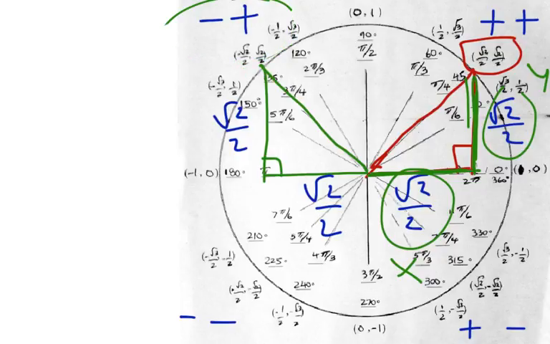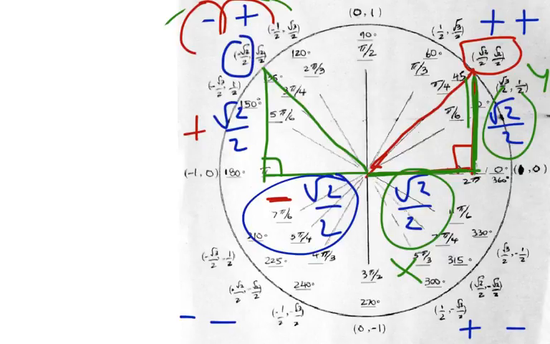I know that my x is negative and the y is positive. So the coordinates for that point are negative square root of 2 over 2, comma, positive square root of 2 over 2.